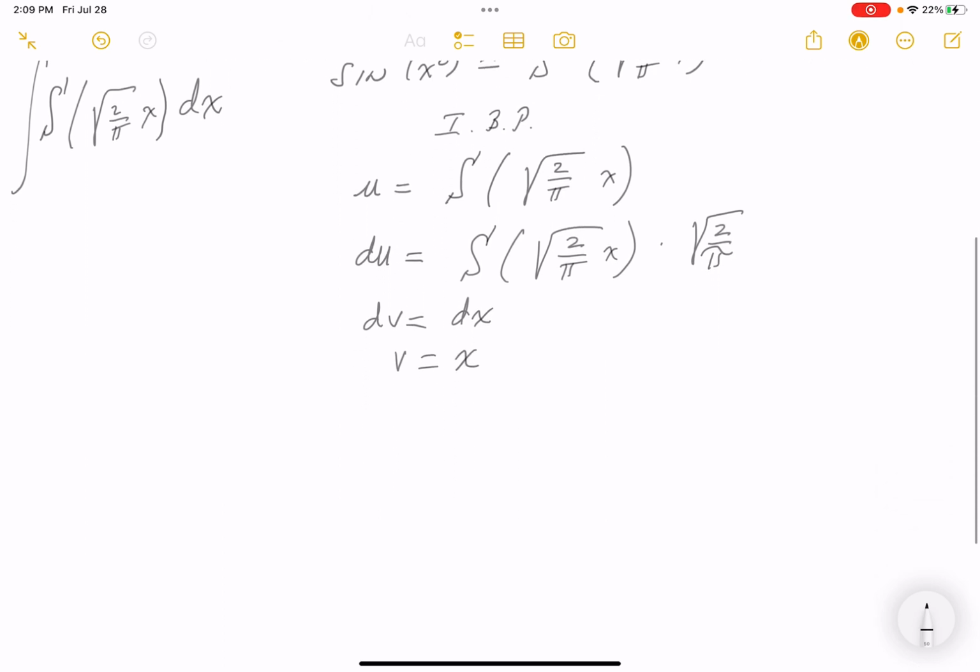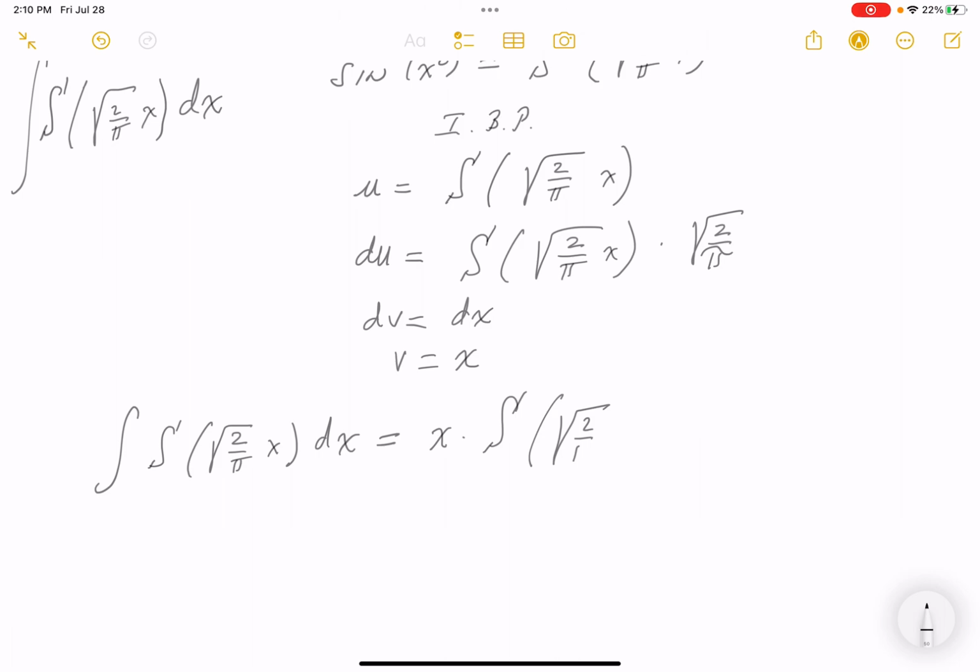So let me kind of move forward. And we're doing S of this. I'm going to put uv down now. And that's going to be x times S, and I'm just copying at this point, minus the v du. Right, v du.